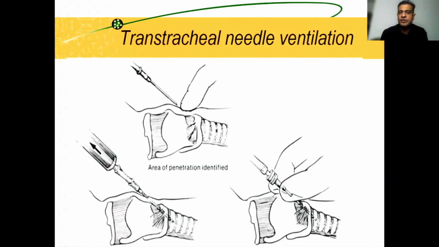However, in an emergency, we can also go for transtracheal needle ventilation, where the site remains the same, between the upper border of the cricoid and the lower border of the thyroid at the cricothyroid membrane. We use a sharp needle to give a stab in the midline, and then the patient can be ventilated, but this is only an emergency procedure.